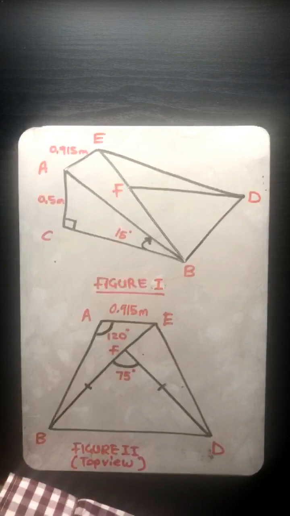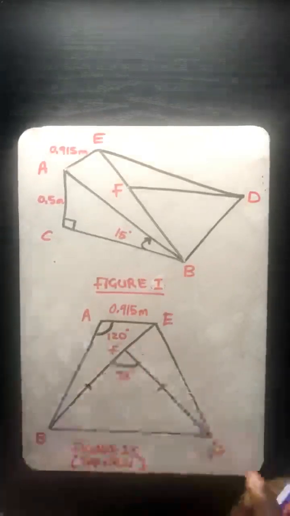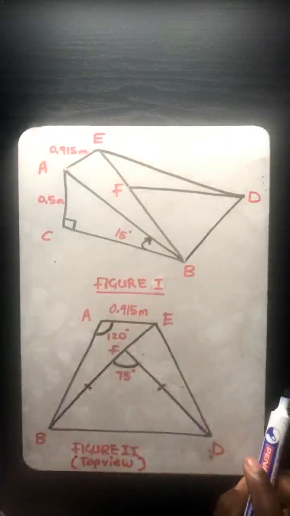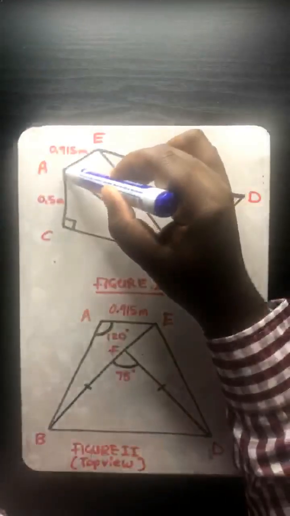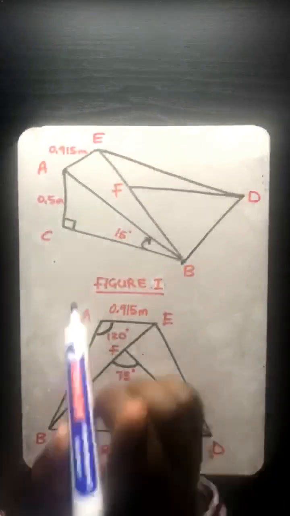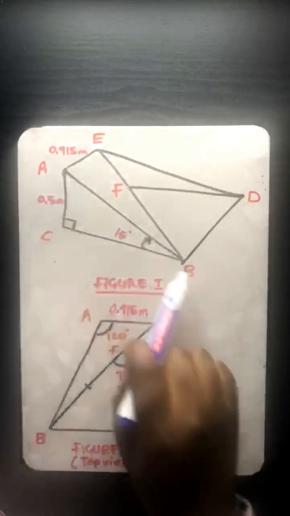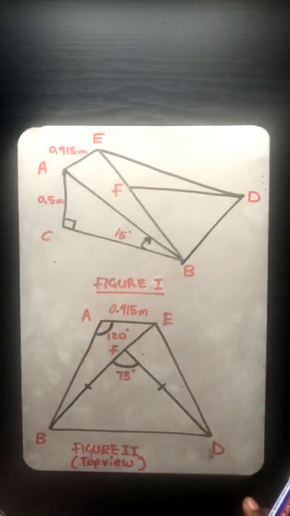So when the examiner says calculate the length of AB and they give you 2 marks for that, you ask yourself this question: where is A, where is B? You realize there is point A and there is point B. The second question that you should ask yourself is, this AB, it lies in which triangle?